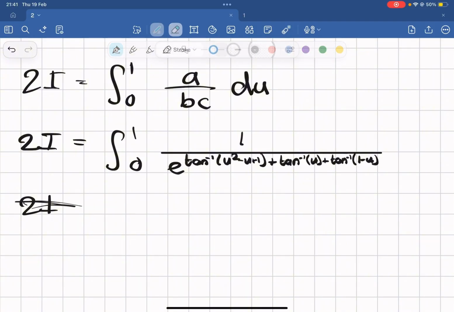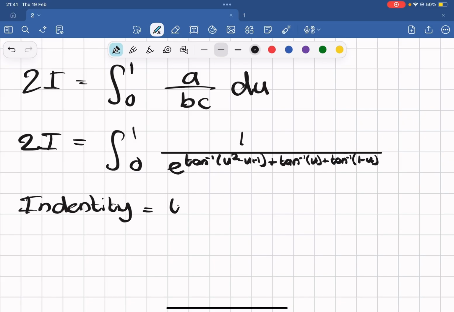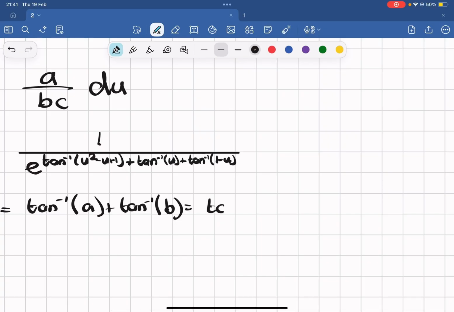So we can use the identity arctan of A plus arctan of B equals tan minus 1 of A plus B over 1 minus AB.